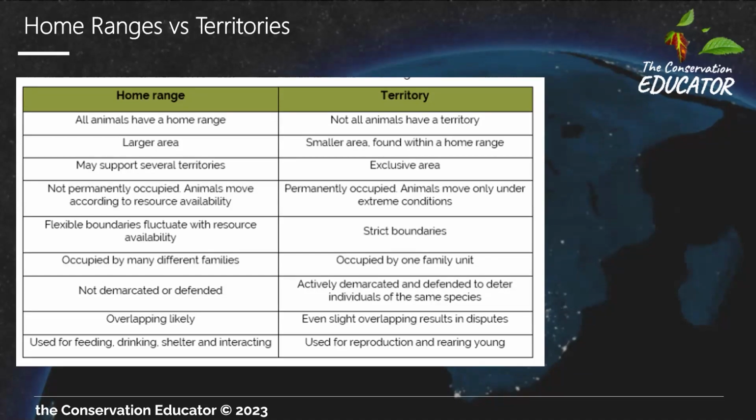It's smaller, it's within the home range, it's exclusive. So if I'm a male leopard, no other male leopard is allowed inside that territory. It's permanently occupied. I will always make sure I spend time in that territory and I will defend it. That means I will fight any other leopard that comes in there. Or if I'm a hyena, I'll fight another hyena, right?